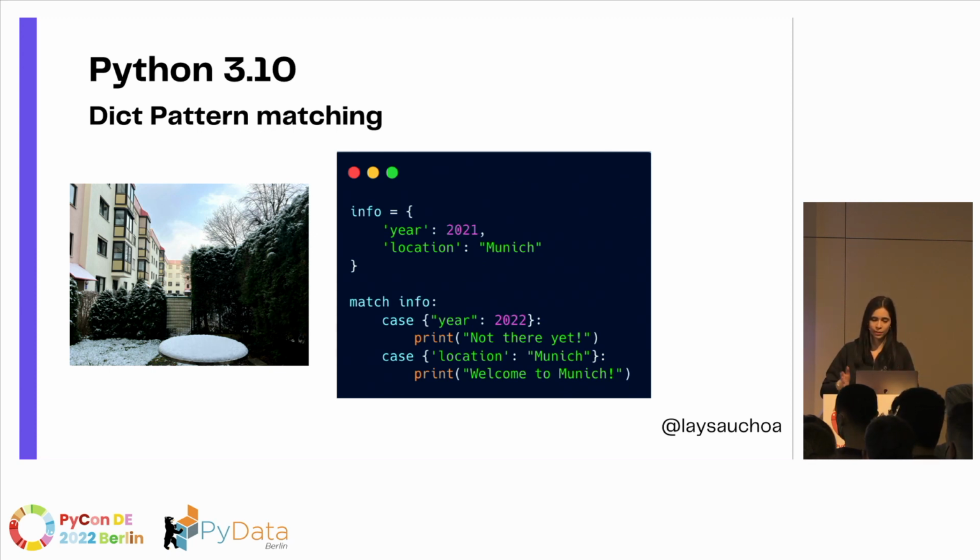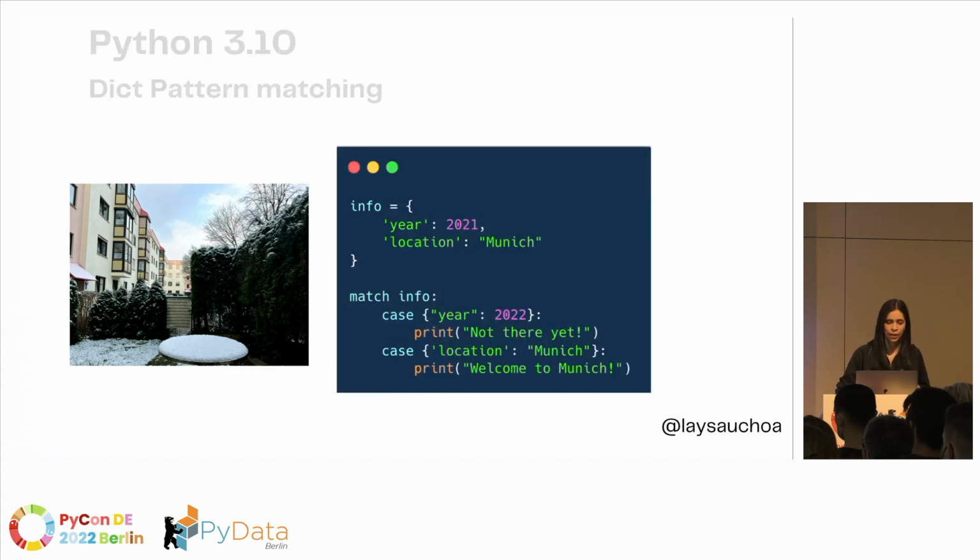For example, here I have year and location, but when I do the matching, I just look for year. I just want to see if it's year 2022. Well, not there yet. I also feel we're still in 2021, to be honest. But here's the location, Munich, and so on. So you don't need to explicitly say all the keys. I think it makes comparisons easier when you work with dictionaries.